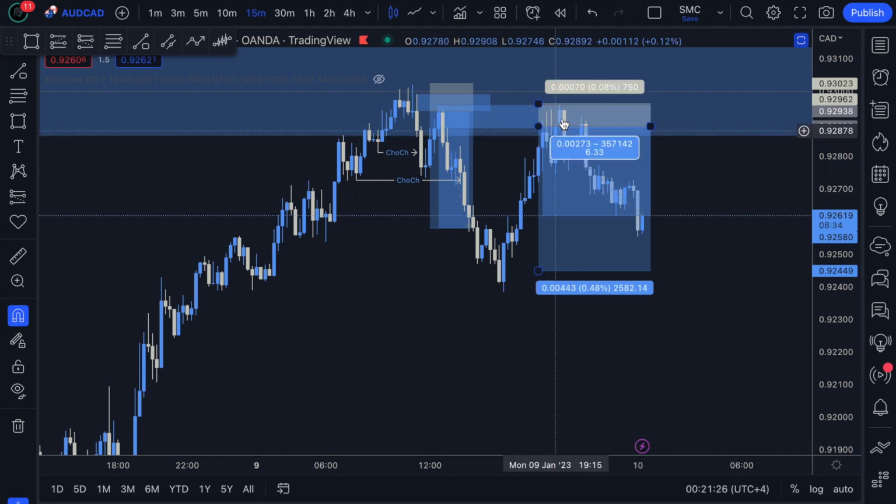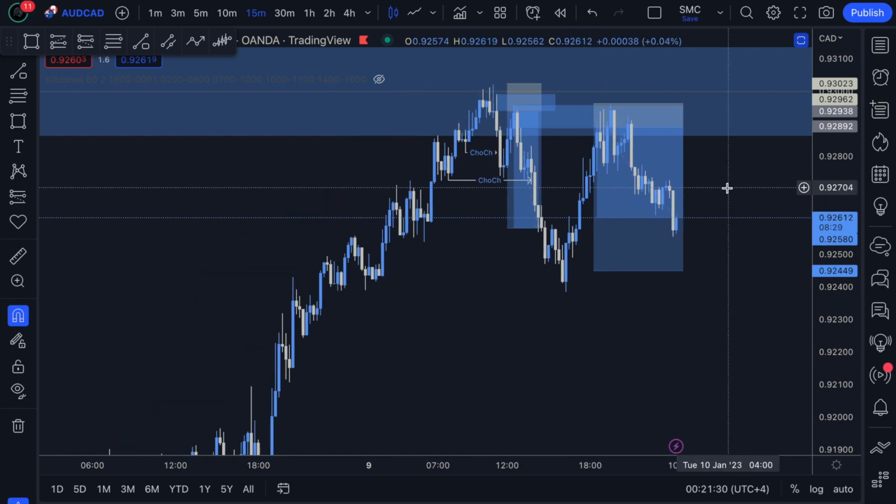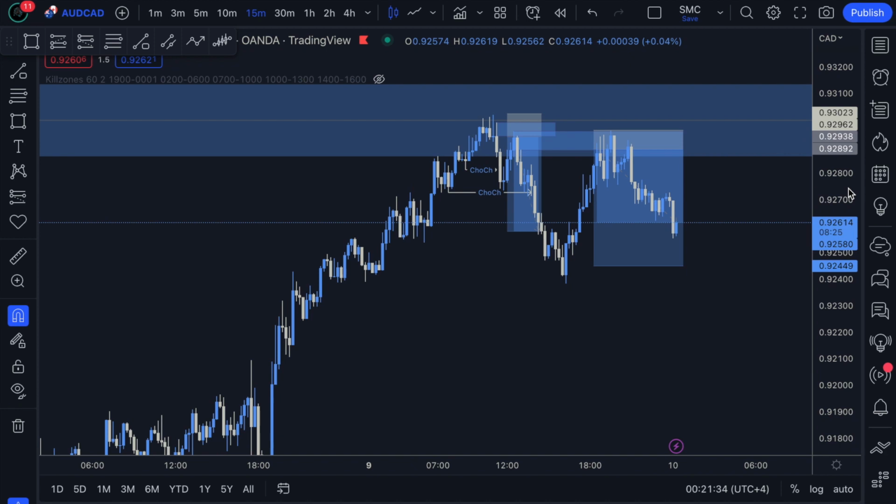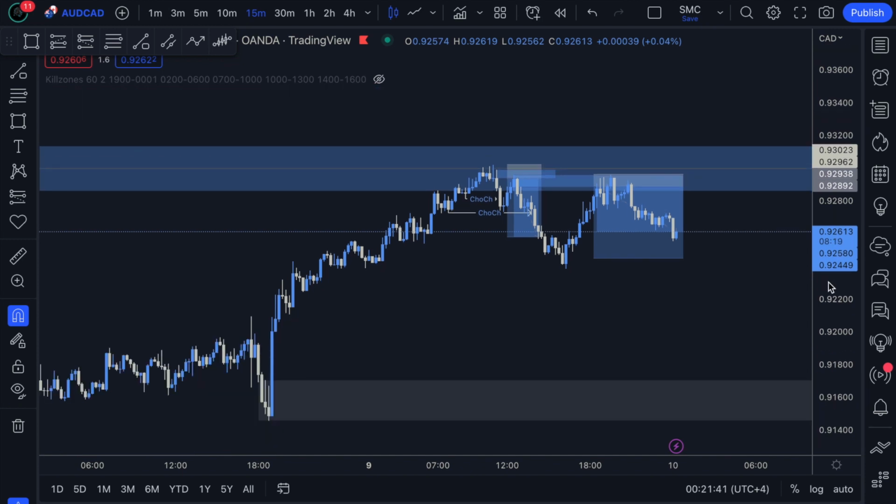So as it came back into the supply zone, it started dropping from there. Just because this supply zone was marked on the 1 hour time frame, it gives you more evidence that the supply zone can hold up. But it is not going to be a flip zone where you will see supply taking over demand. At least that's what we expect the price to do if it's in an uptrend.